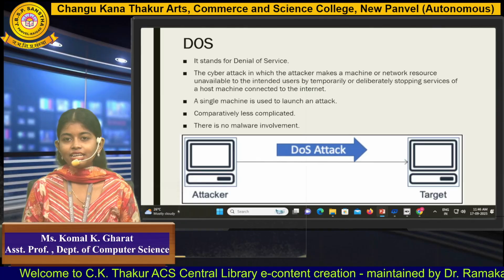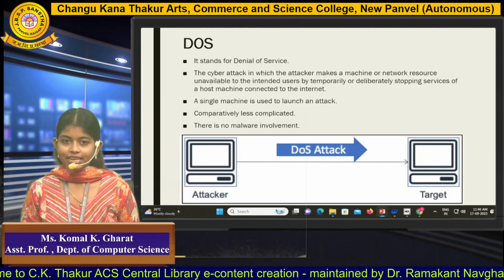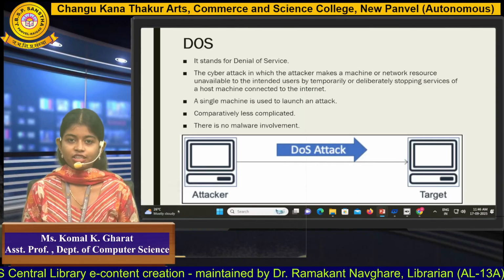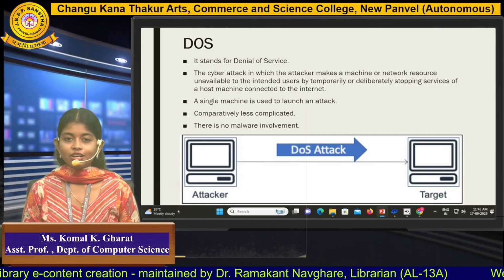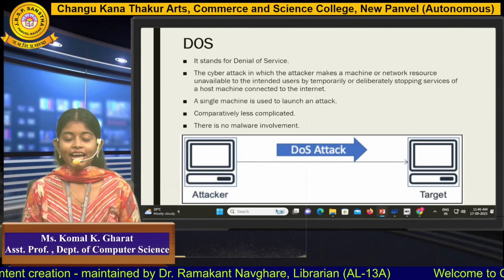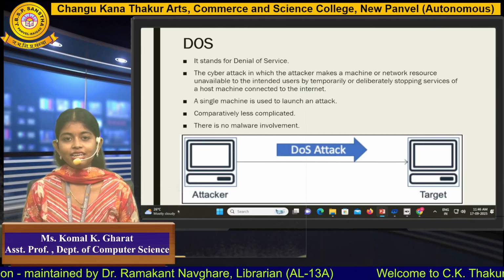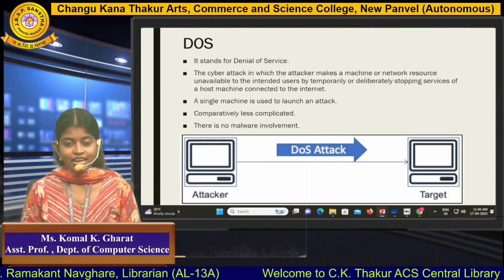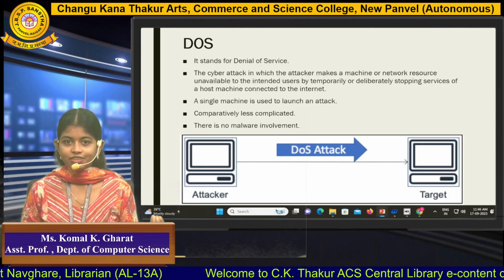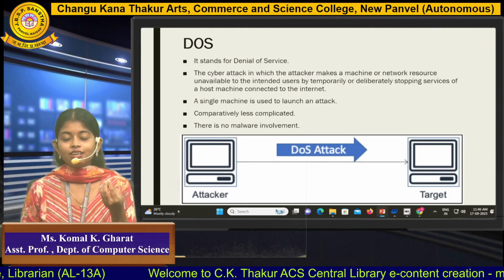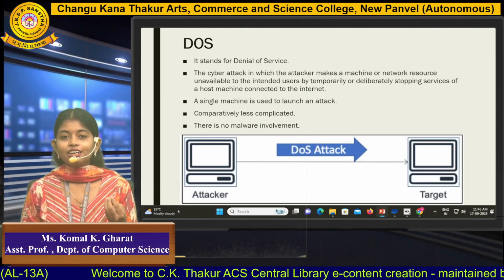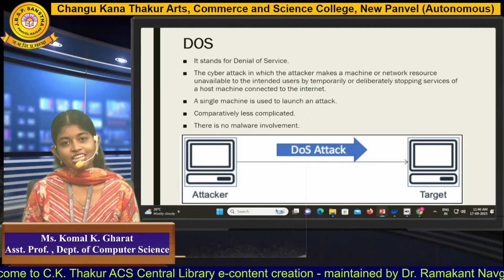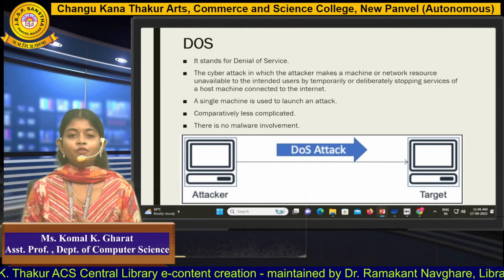Here the attacker creates more than 1 lakh fake requests and sends them to the server, that is, to that e-commerce website, and the server becomes busy processing those fake requests. Now genuine users who try to request services from that website can't get a response, because the server is busy processing the fake requests.